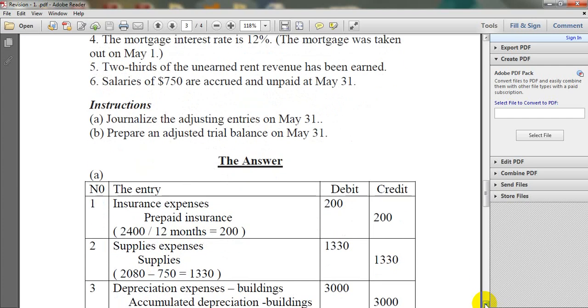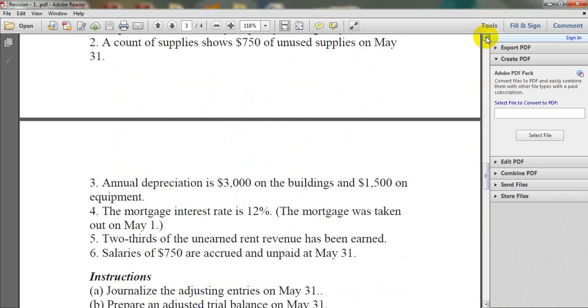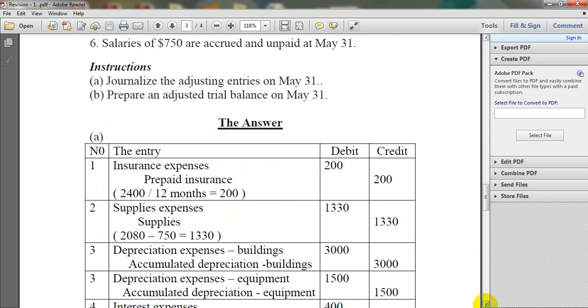And the next transaction, account of supplies shows 750 of unused supplies on May 31. The entry in the debit will be supplies expense and the credit for supplies.